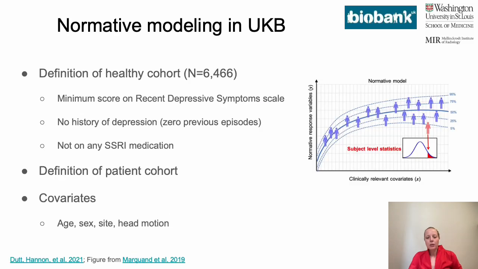Before we get into the specific research question and methods for this project, I want to talk a little bit more about the decisions that you have to make to apply normative modeling in the UK Biobank dataset. Because the UK Biobank doesn't have a specific disease focus, there aren't any elaborate clinical interviews for diagnosis or specific labels that differentiate between patients and controls.